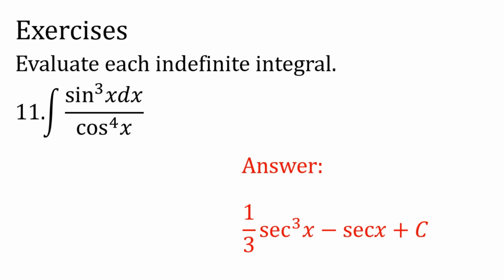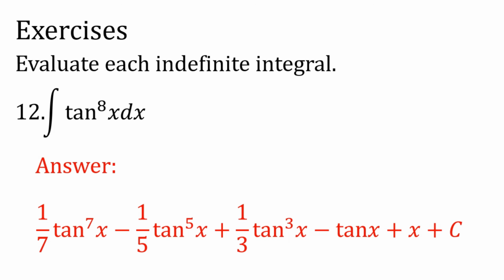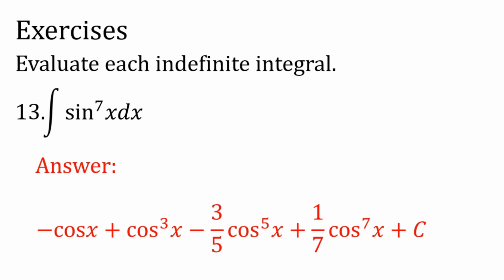Number 11, the integral of sine cube x dx all over cosine to the 4th x. 12, the integral of tangent to the 8th x dx. Number 13, the integral of sine to the 7x dx.